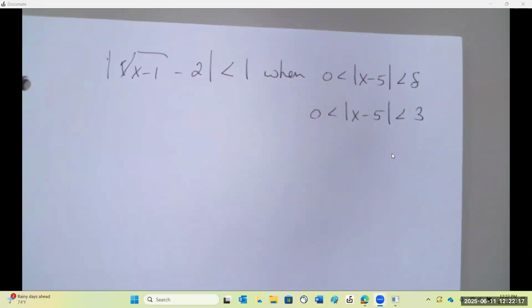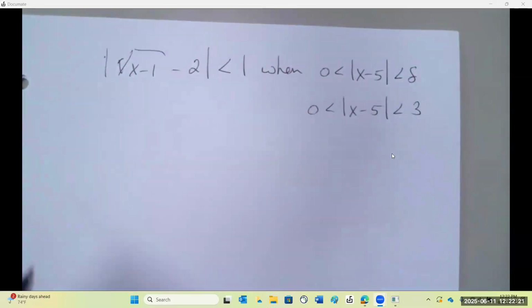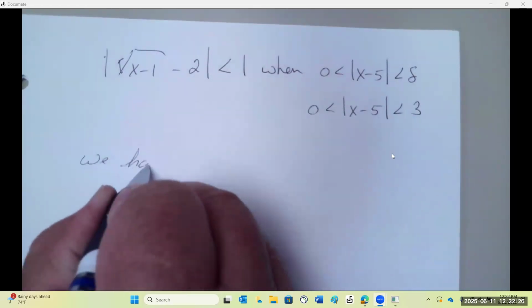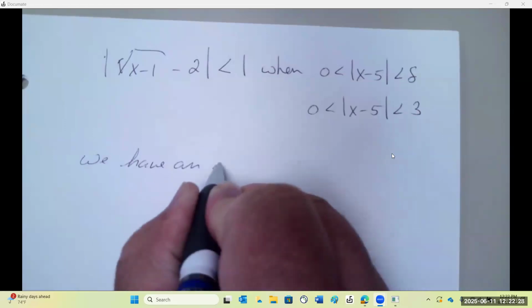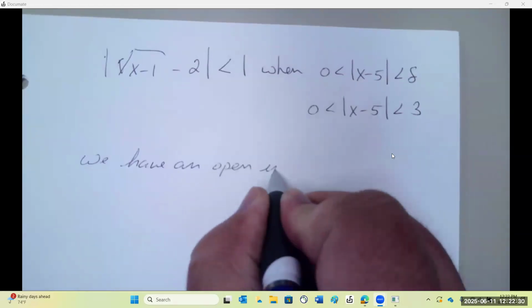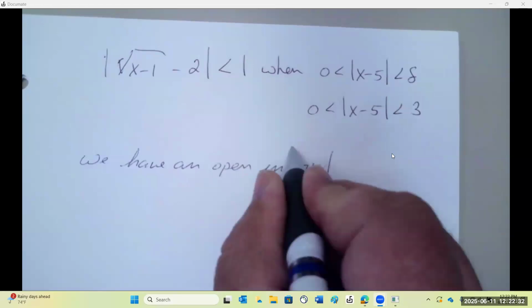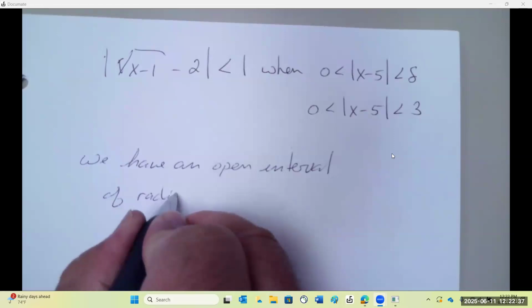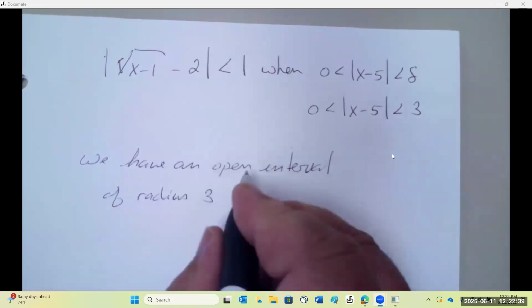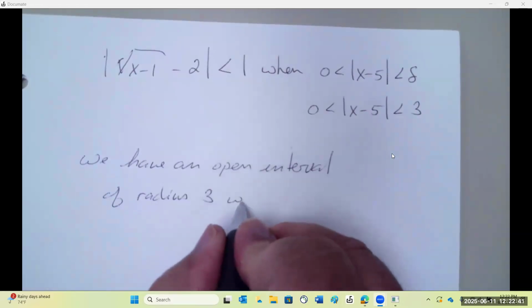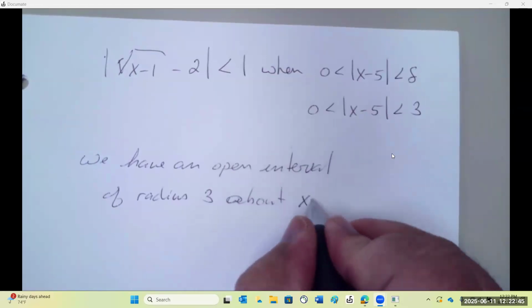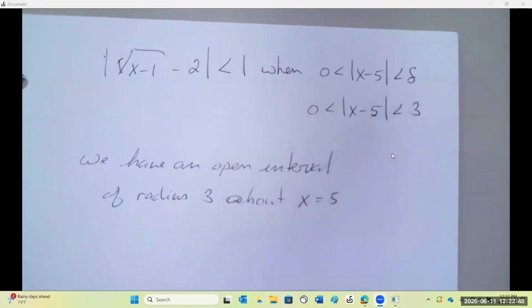So what does that tell us? Even though we didn't get the same values in there, what this tells us is this. We have an open interval of radius 3 about x equals 5, because that's our C value.